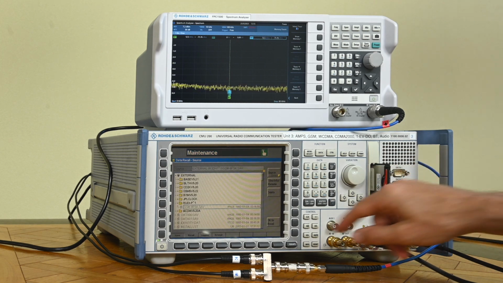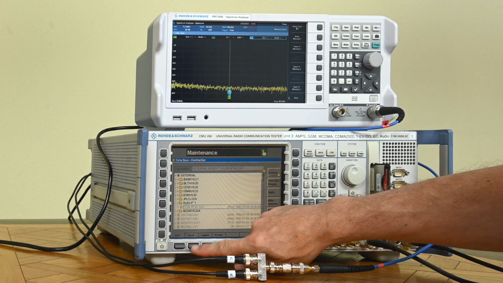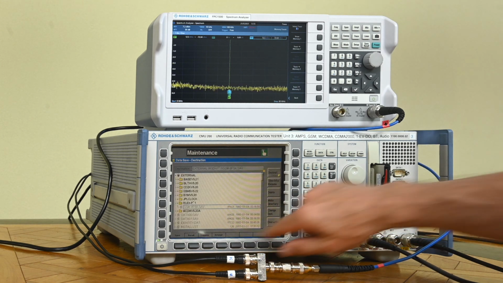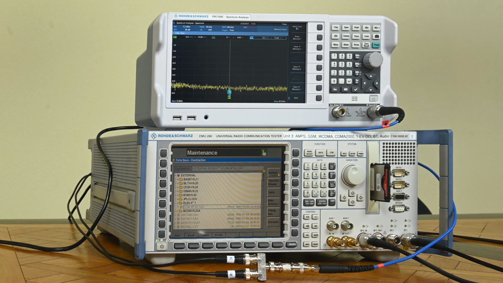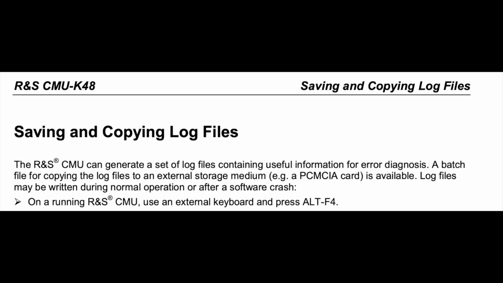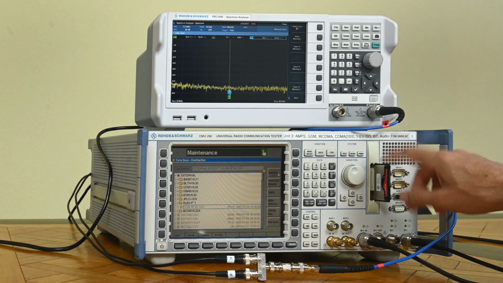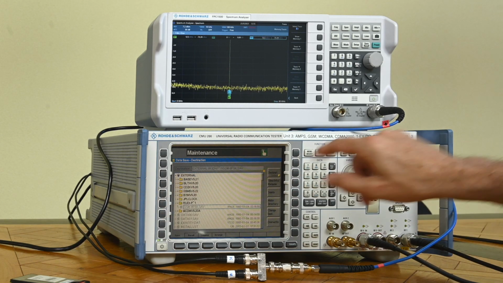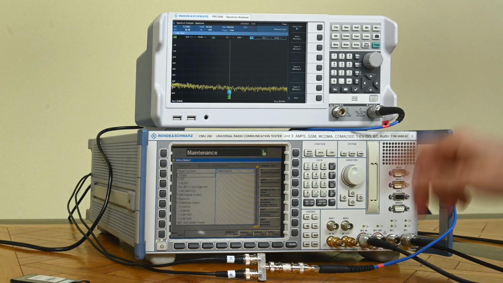I spent a lot of time tweaking around with this menu, trying to copy a file from the one thing to the other, couldn't find anything, eventually resorted to the documentation. What you have to do is get yourself an external keyboard, I think something like Alt F4, and then the device runs a number of things, eventually ends up booting in MS-DOS, and then you can copy something to the card. So that was a bit of a thing.